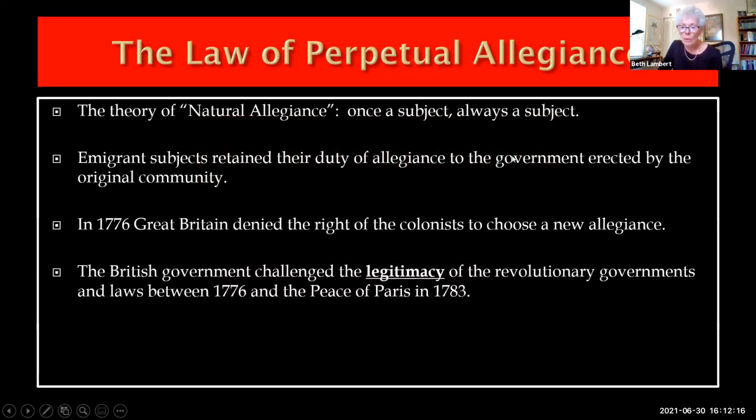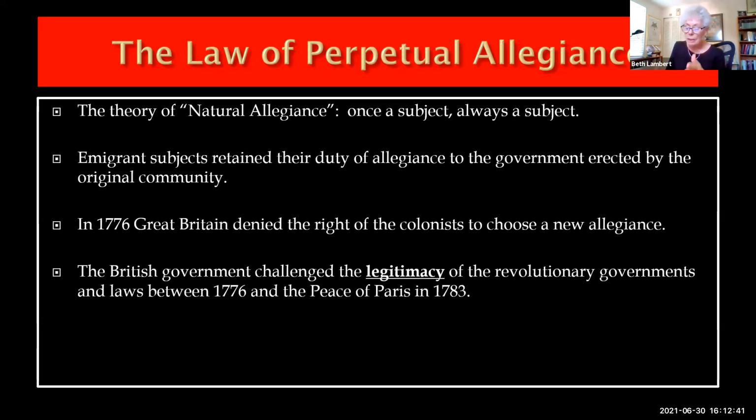Once a subject, always a subject. The immigrant subjects return their duty of allegiance to the government erected in the original colony, and Great Britain denied the right of colonists. They challenged the legitimacy of the revolutionary government, and this affected the war in 1812.